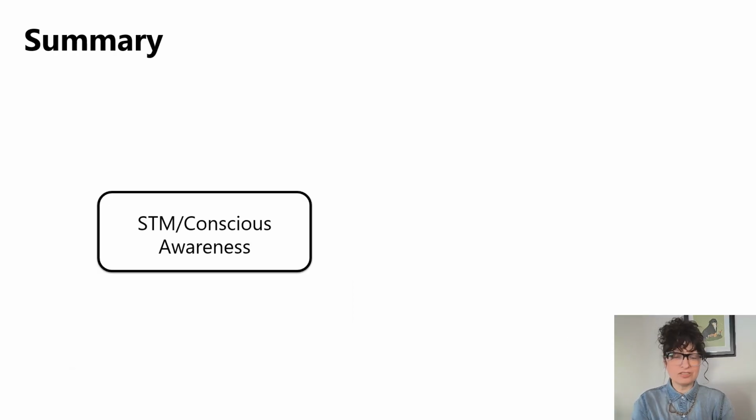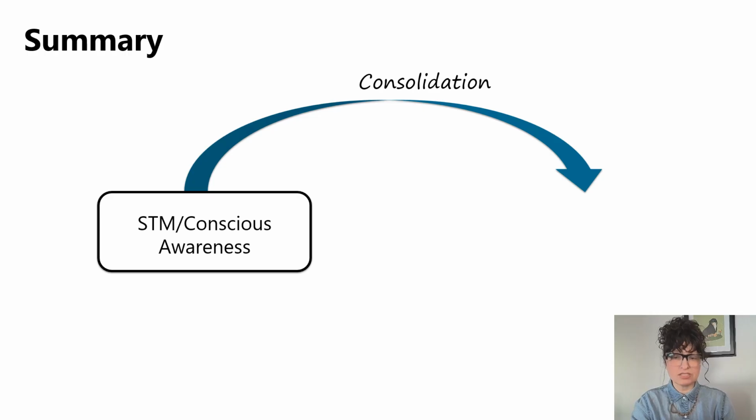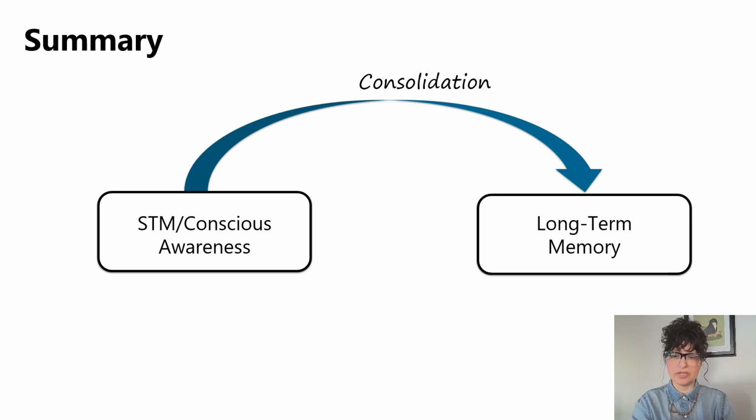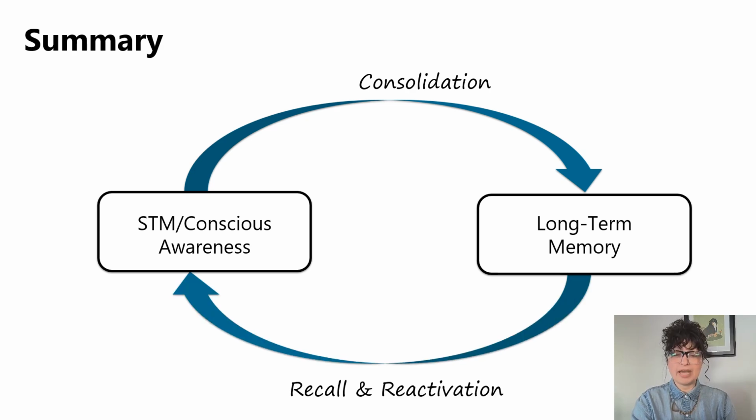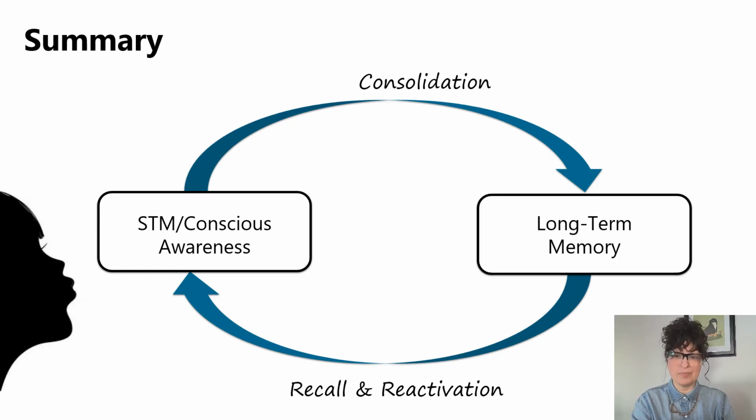So here's the story. Information in short-term memory or conscious awareness is labile and subject to disruption. Some of it is going to get consolidated into long-term memory. And while it's in long-term memory, it is stable, it is non-changing, and it is theoretically permanent. If that information is reactivated and recalled back into conscious awareness, it becomes once again labile and sensitive to disruption.